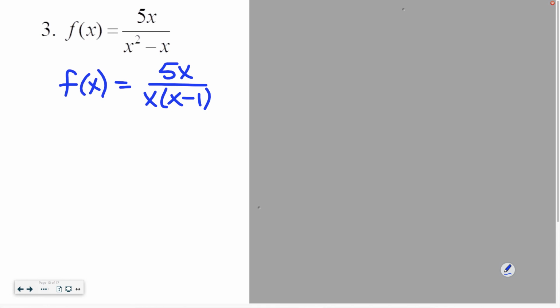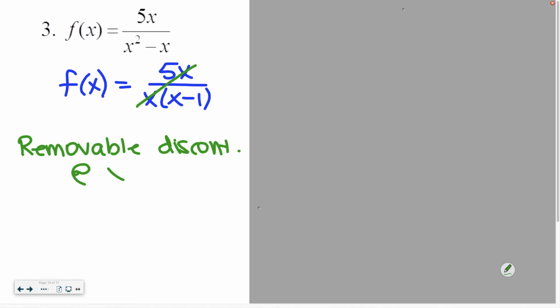If you can't, then just set the denominator equal to 0, but factor if you can. What can we do? The x's cancel, which tells us there is a hole. So we have removable discontinuity at x equals 0 because there's a hole.